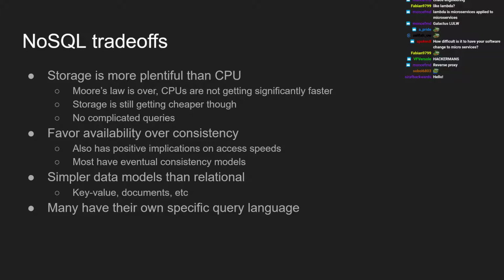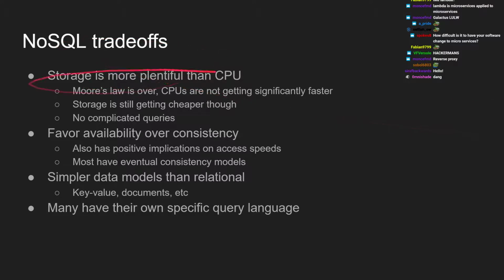Nowadays, the Intel i9 costs like $500-$600, and a modern consumer hard drive costs around the same for 16 terabytes. Hard drives have improved by like 40 million times in the past 40 years, whereas CPUs have increased by like 1,000. Storage is much cheaper than CPU nowadays.